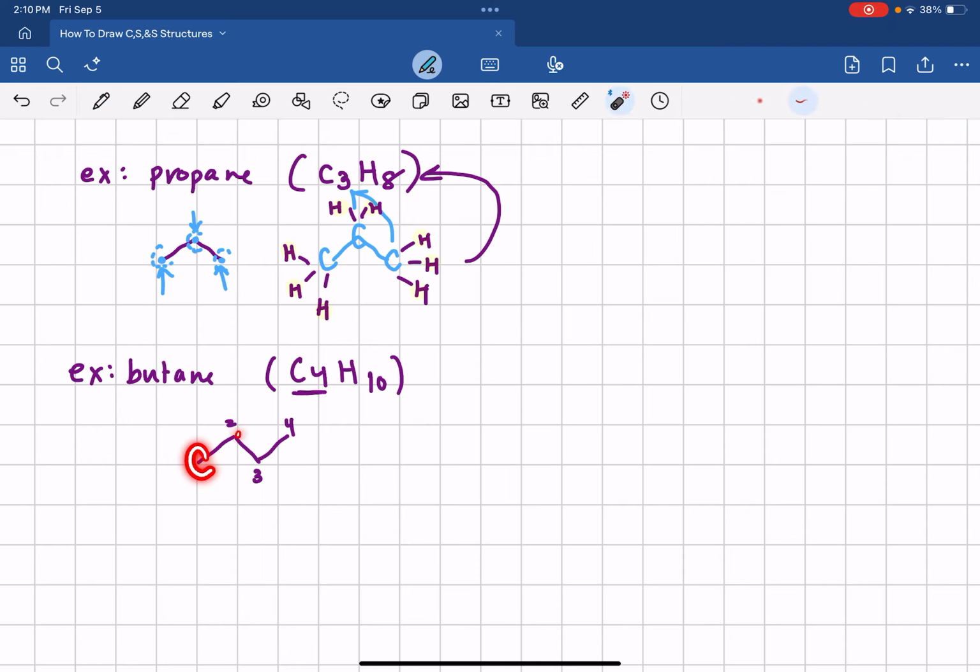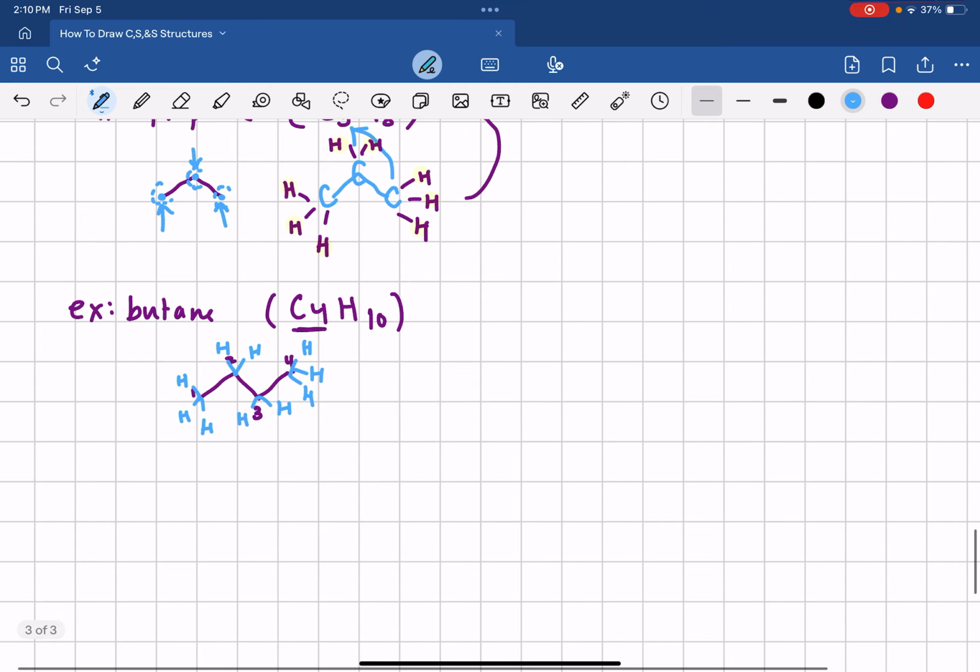A carbon here, a carbon here, a carbon here, and a carbon here. Implicit are the hydrogens that I haven't drawn out yet. If I were to, that would be 3 hydrogens here, 2 hydrogens here, 2 hydrogens here, and 3 hydrogens here. That's how we draw our skeletal structure. 1, 2, 3, 4 for 4 carbons.